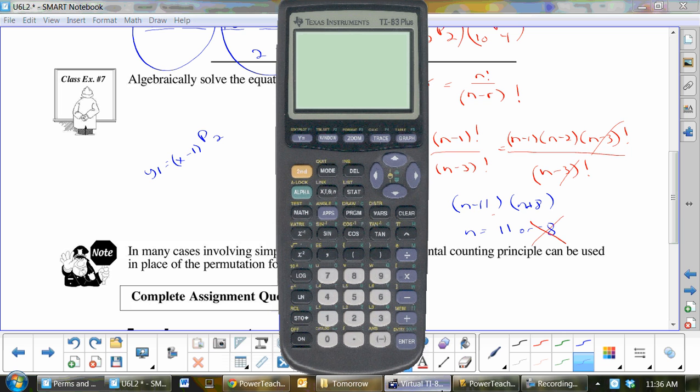Everybody try it because there are a couple little quirks in it, right? So this is what you should have: x minus 1 P2. Okay, and what do you get when you hit graph? You should get that.